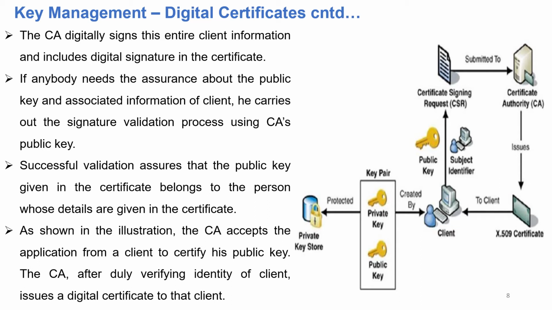That is, he validates that the client is correct. This is shown in this illustration. The CA accepts the application from the client to certify his public key. The CA, after duly verifying the identity of the client, then issues the digital certificate to that particular client.